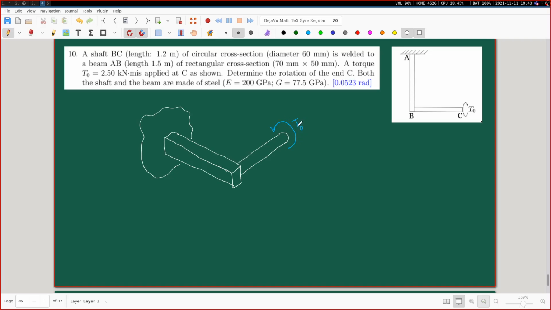But this same T naught, if you consider its effect being transmitted here, then it is acting like a bending moment. In fact, if you consider the x-axis like this, the y-axis like this, and the z-axis like this, and you look at it from the xy plane, then it's going to look like this.